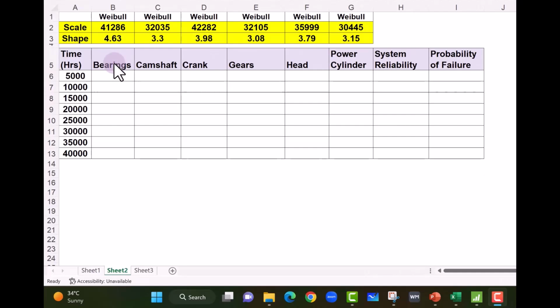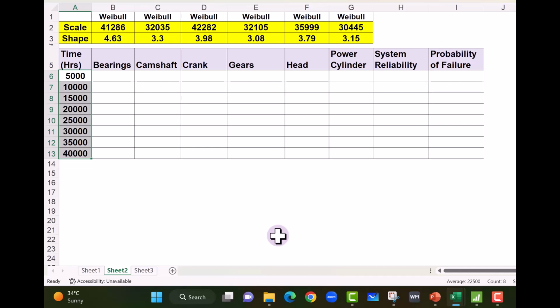As there are 6 failure modes from bearing to power cylinder, we reproduce the scale and shape parameters of all the 6 failure modes in the top row. And in the left side column, in the time in hours, we create time values of 5000, 10,000 and so on up to 40,000. We can add any interim values if required. So please create a worksheet like this.